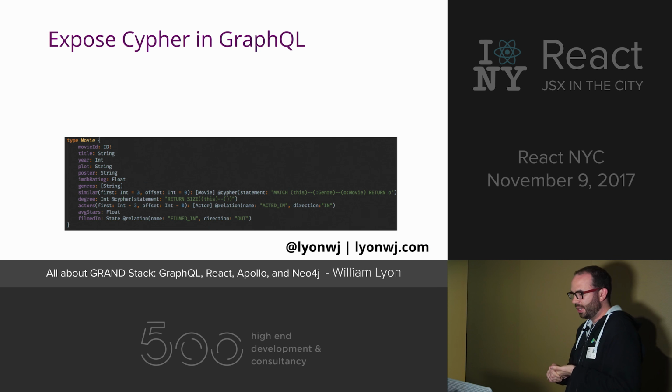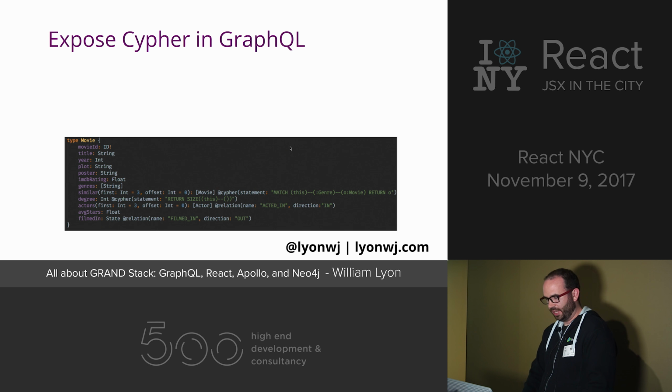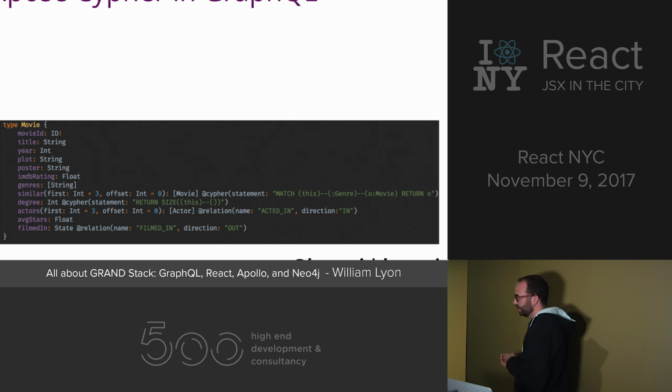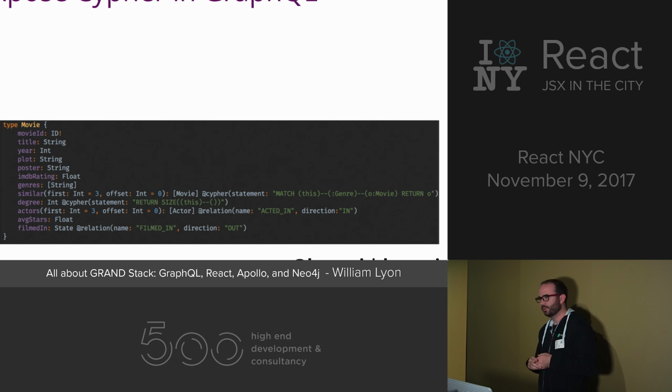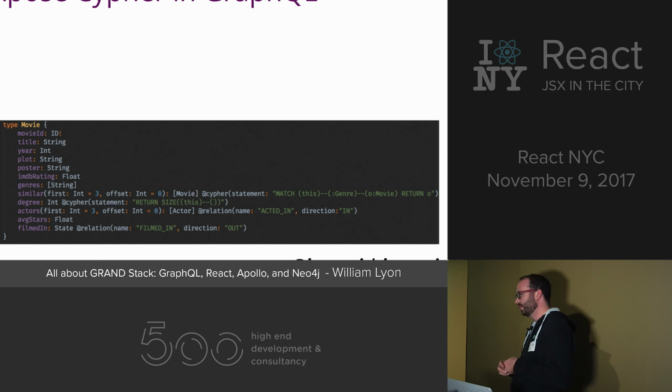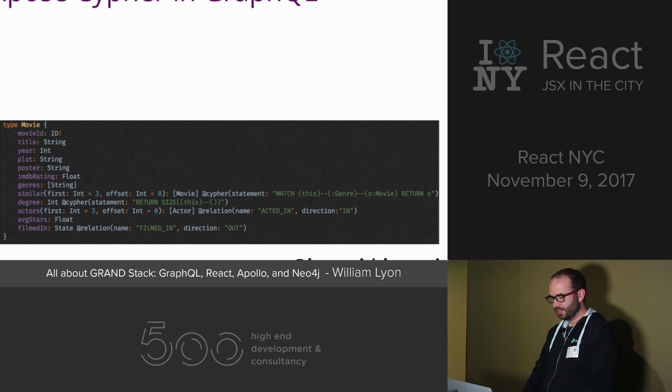So GraphQL has this concept of a directive, which is essentially an annotation on a field. So we've added a Cypher directive that allows us to annotate any field with a Cypher query. So that field essentially becomes a computed field in our GraphQL schema.